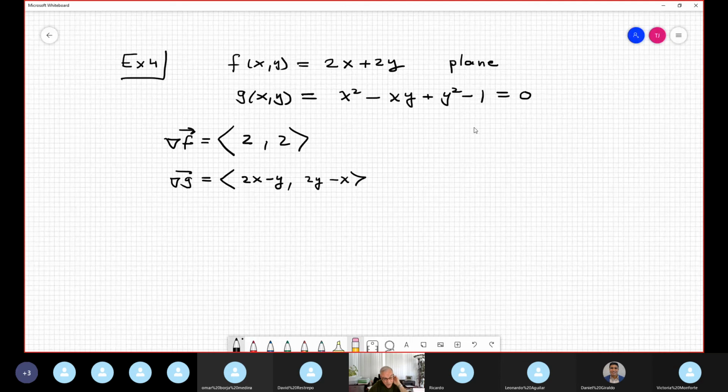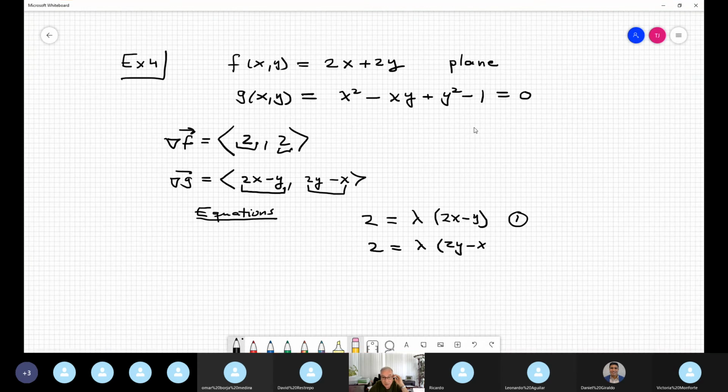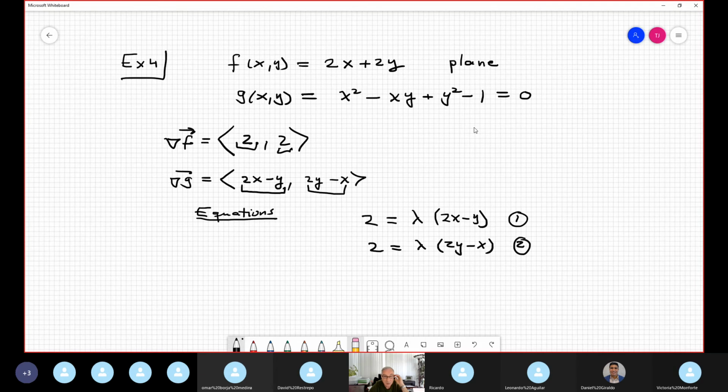Okay, and you set up the equations for the Lagrange. The first equation is 2, this component, equal to lambda times this component. This is my first equation. My second equation is this component equal to this component: 2 equals lambda times (2y minus x). Equation 2. And what is the last equation?